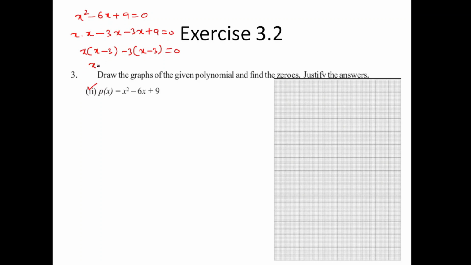So the roots of this equation are x minus 3 equals 0, or x minus 3 equals 0. Shifting these numbers to the RHS, the value of x is 3 only. So there is only one zero of this equation.